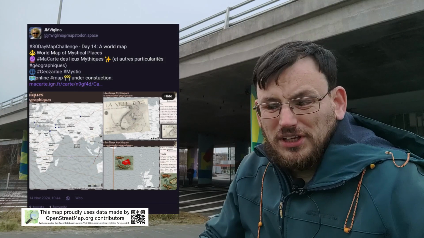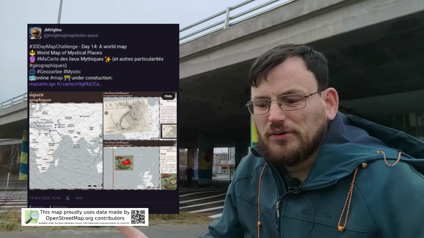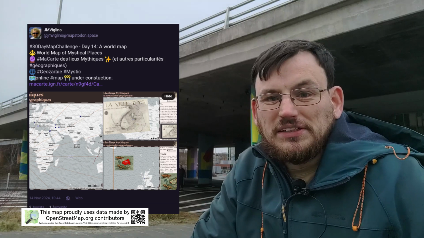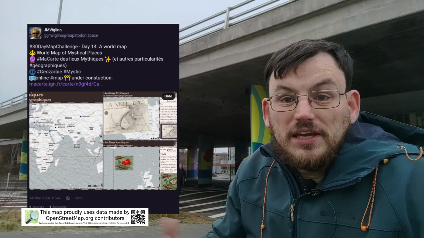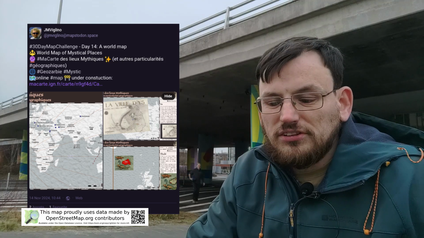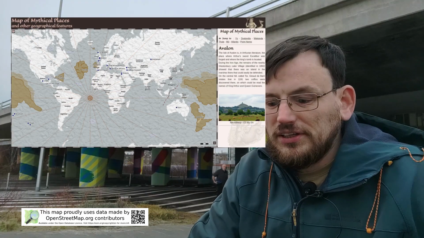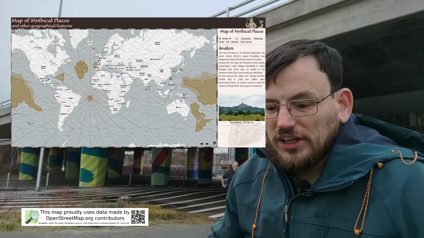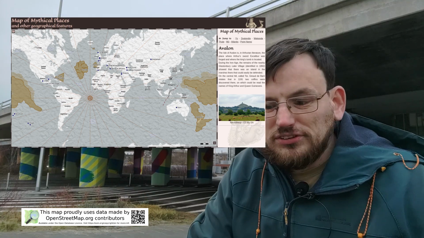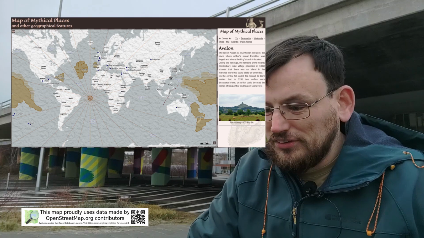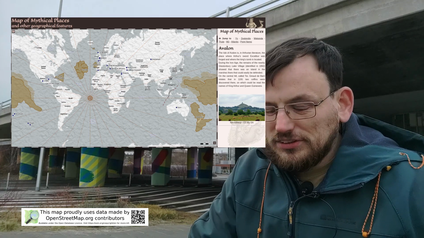This contribution was a fictional map, or a fantasy map, of places in our real world. It is in French, so they've got an interactive version of the website, and if we just look at that, yeah, you can use a translation tool to translate that if you don't know French, if you're as tricky as me.